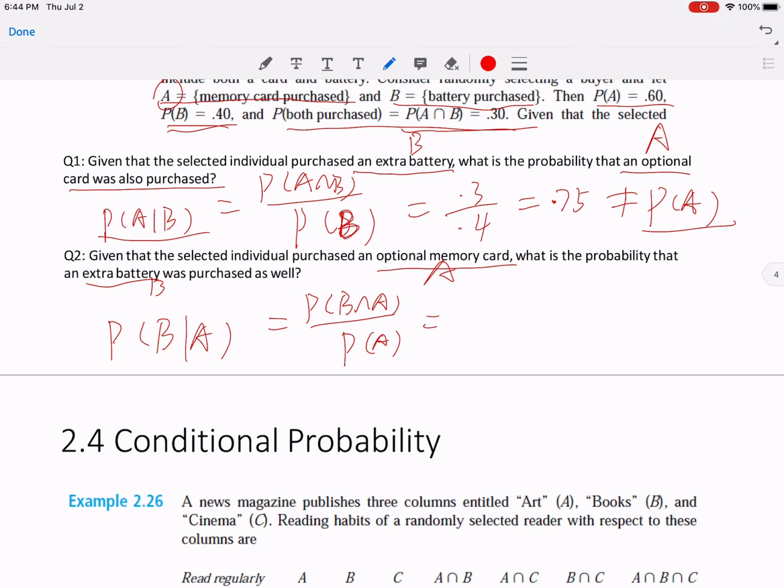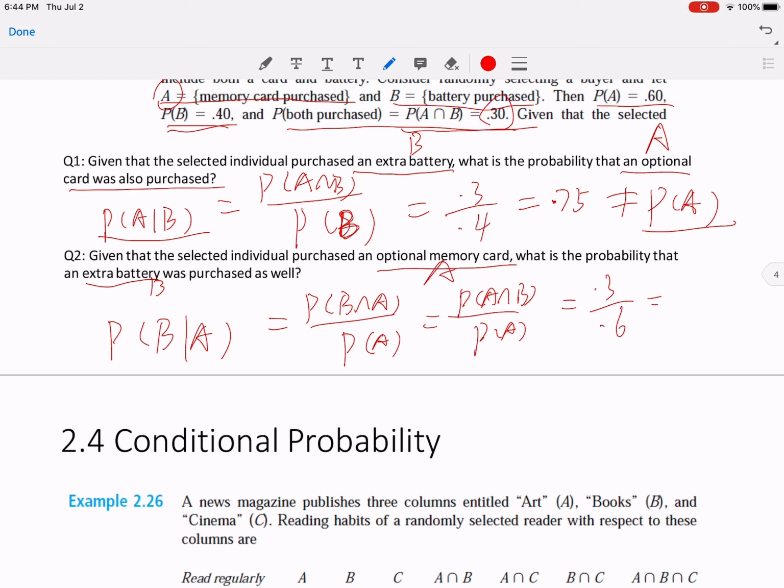So based on the formula we learned, this would be probability of B intersection A divided by probability of A. So of course, the probability of B intersection A is the same as the probability of A intersection B, divided by probability of A. Then what is the probability of A intersection B? Based on the question, this is 0.3, and the probability of A is 0.6.